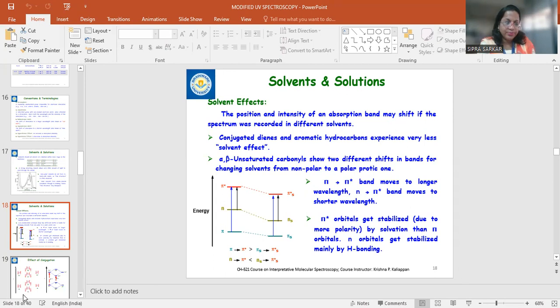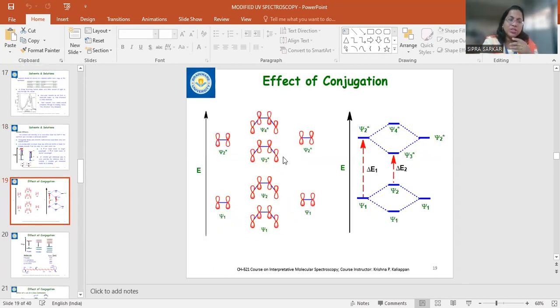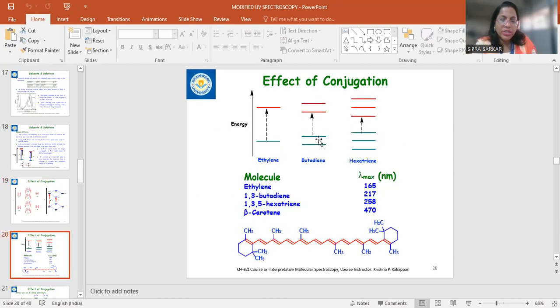Next, effect of conjugation. You can see there are different structures where, from one bonding pattern to another, the effect of conjugation is found. You see, for ethylene, butadiene and hexatriene, less and less energy is required. Ethylene requires 165 nm, but 1,3-butadiene, 1,3,5-hexatriene and beta-carotene have higher absorption maxima, meaning the wavelength is higher.